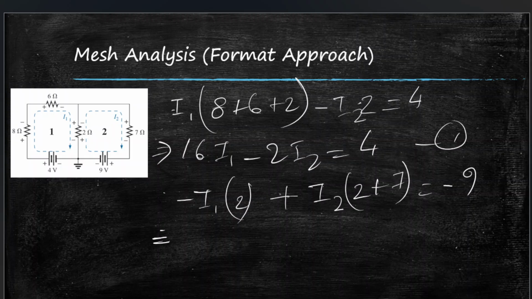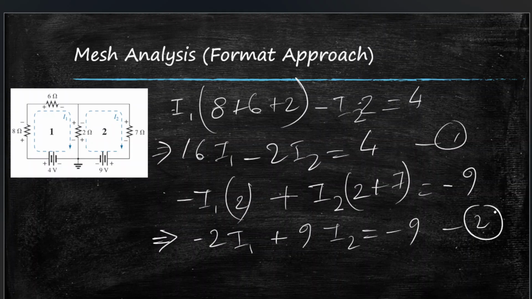Let's simplify that: minus 2 I1 plus 9 I2 is equal to minus 9. That's equation 2.